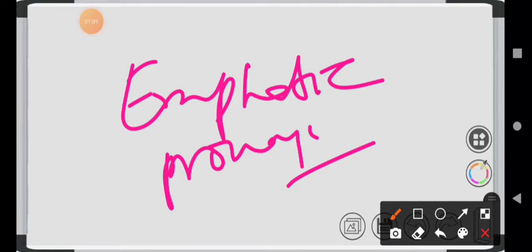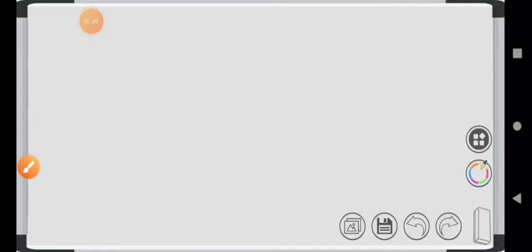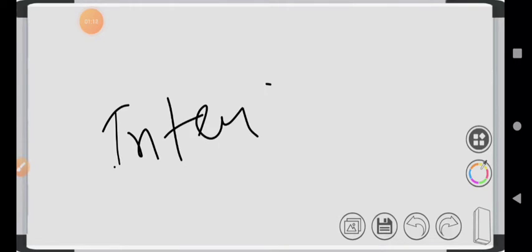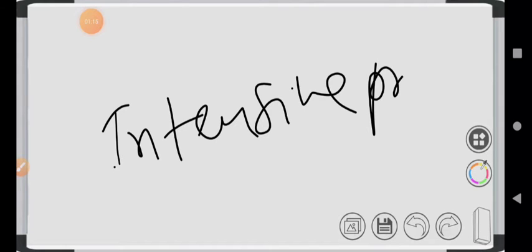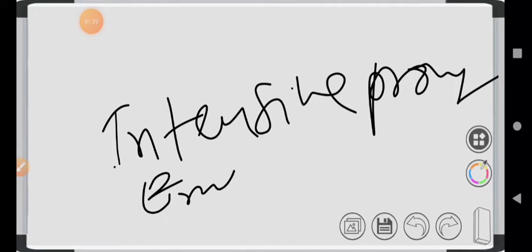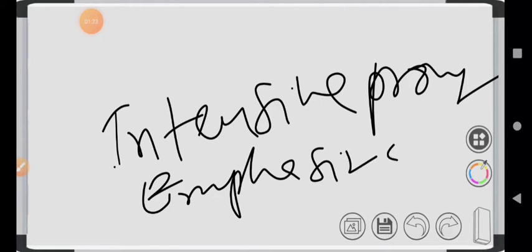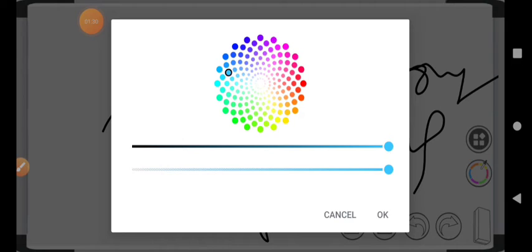Students may be confused in a sentence about which is the reflexive pronoun and which is the emphatic pronoun. It is also called intensive pronoun or emphasizing pronoun, my dear students.